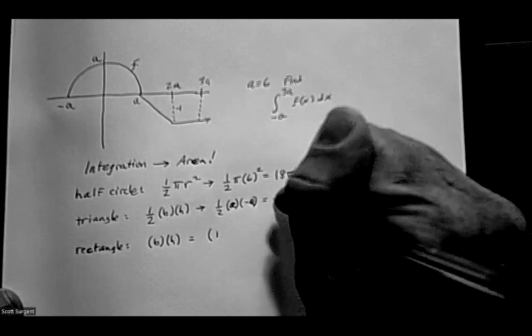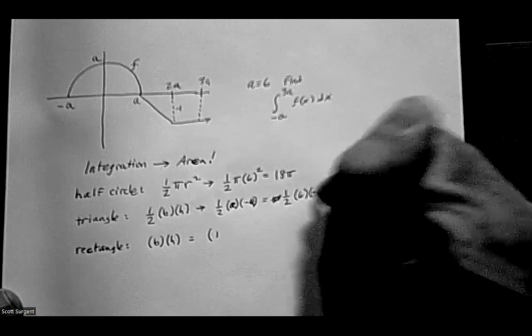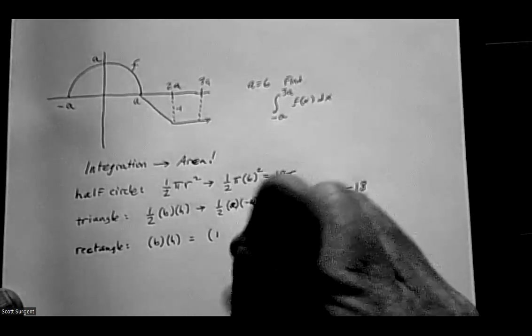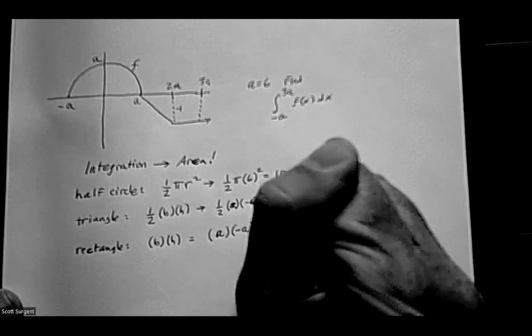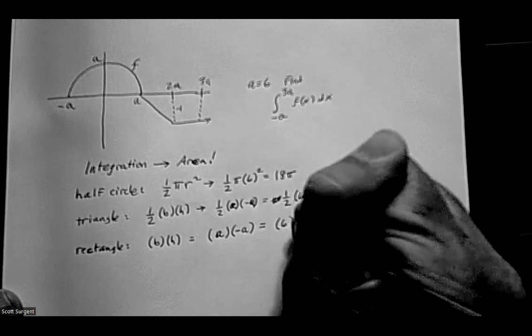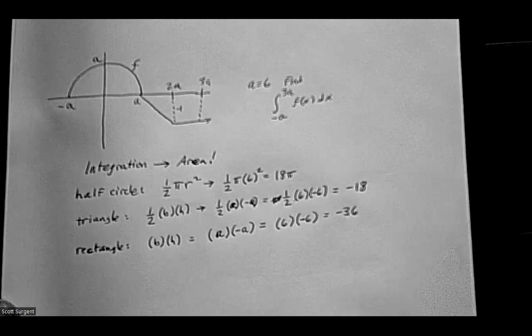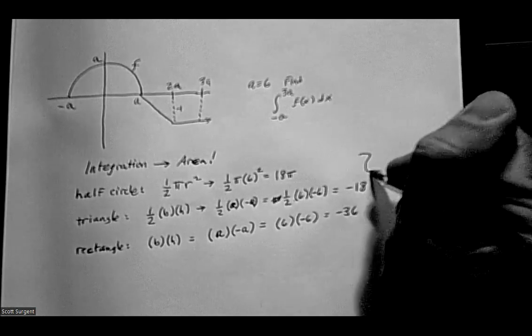So it's 1/2 times 6 times -6, so -18. All right, I'll make the fix here. The base is A, the height is -A, so 6 times -6 is -36. Okay, sorry about that. I was thinking in terms of just units.